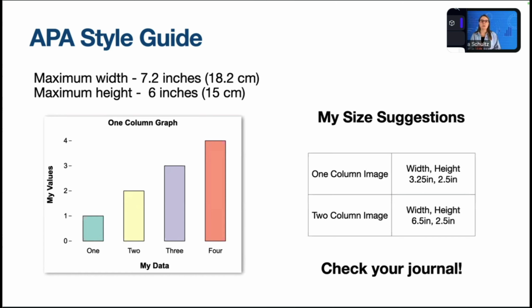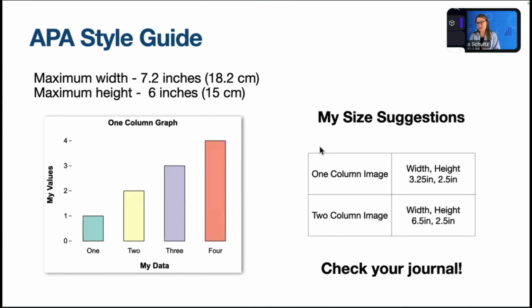Okay, so the APA style guide, in terms of sizing, I found on the web a note about the maximum width being 7.2 inches and the maximum height being 6 inches.